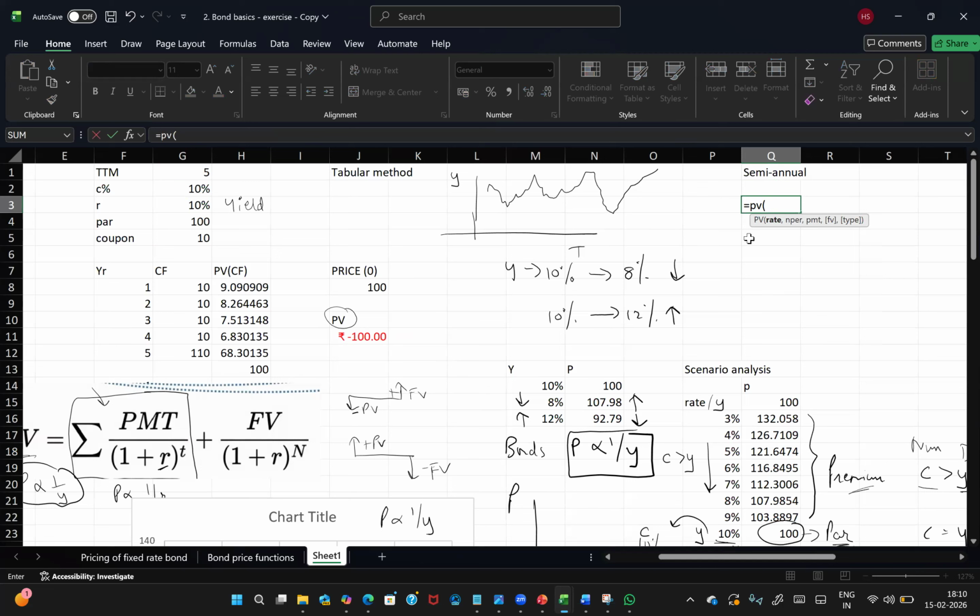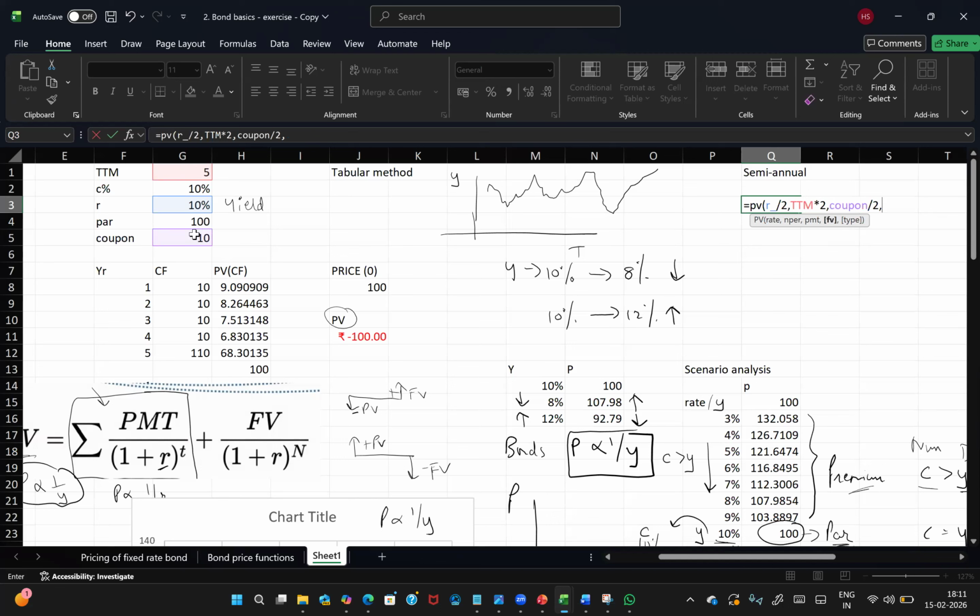What rate will I use? Now, instead of the rate of 10%, we will use 10% by 2, comma. The number of periods initially were 5 years, but now will have to be scaled up by F, which is 2. PMT, what is PMT? This is the annualized coupon, again scaled down by F, which is 2, semi-annual.